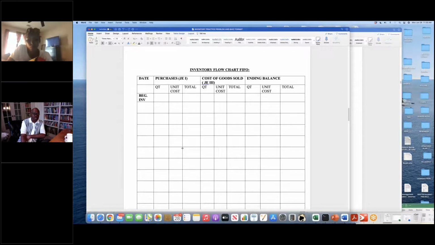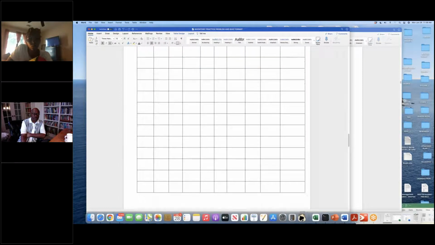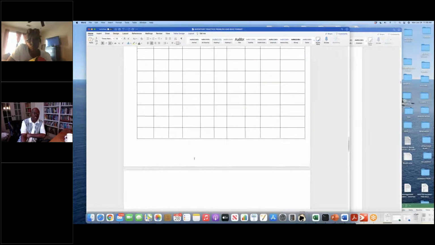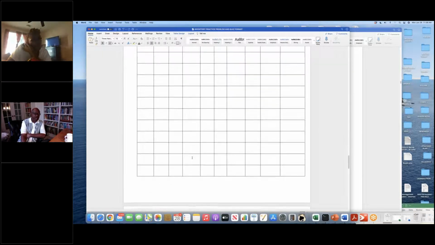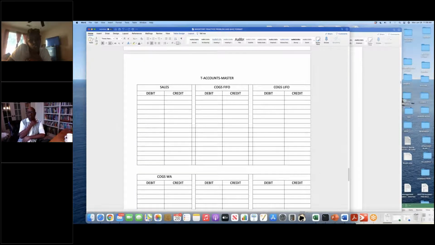Here's our inventory chart for FIFO, which you're familiar with. Now, when we use LIFO, there's an inventory chart for that, and for weighted average, there's an inventory chart too. Then we have our T accounts, just selected T accounts: the sales, and the cost of goods sold, for FIFO, LIFO, and weighted average.